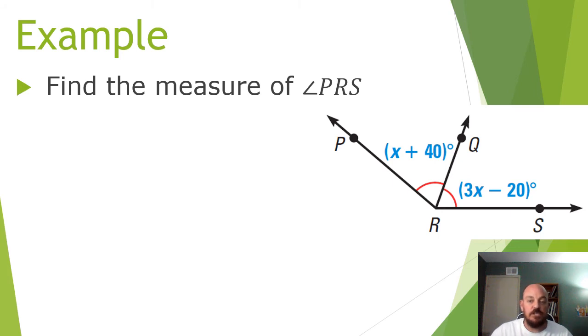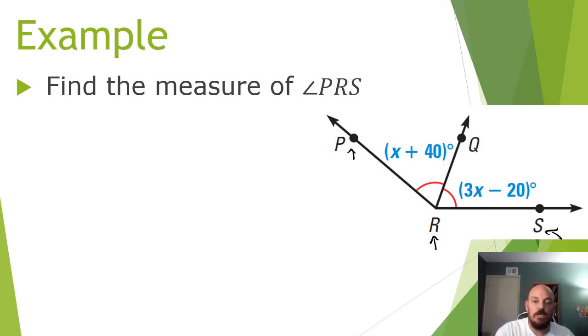So in this picture, there's several angles in this picture actually. The biggest angle that you see is PRS, from P here to R to S, PRS. Then you have that ray, RQ, in the middle.